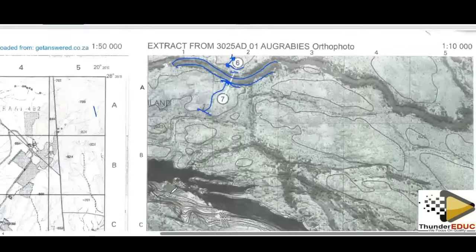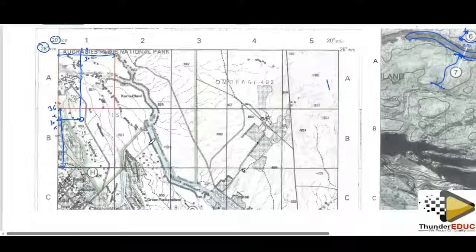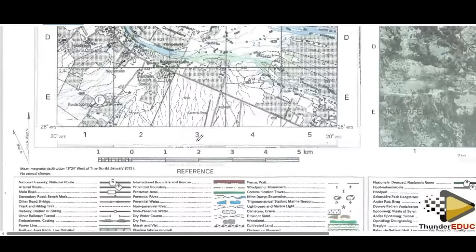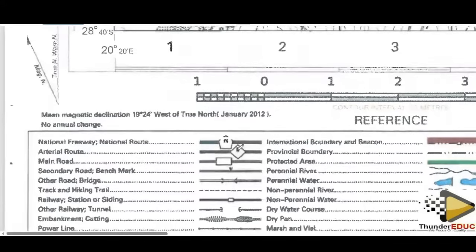All right. So if I find our declination, we need to check again on our topographic map. Scroll down. If you try to zoom in, okay. It first identifies the mean magnetic declination, which is 19 degrees, 24 minutes.